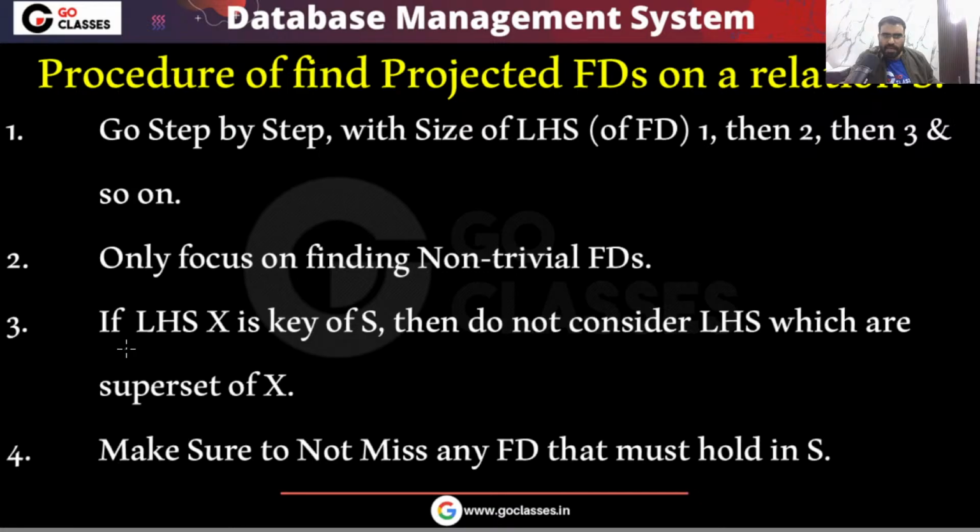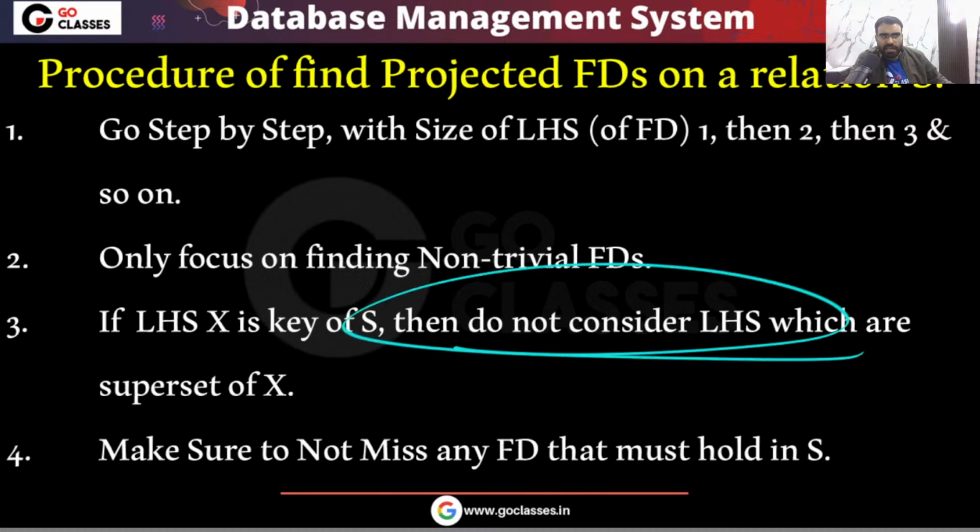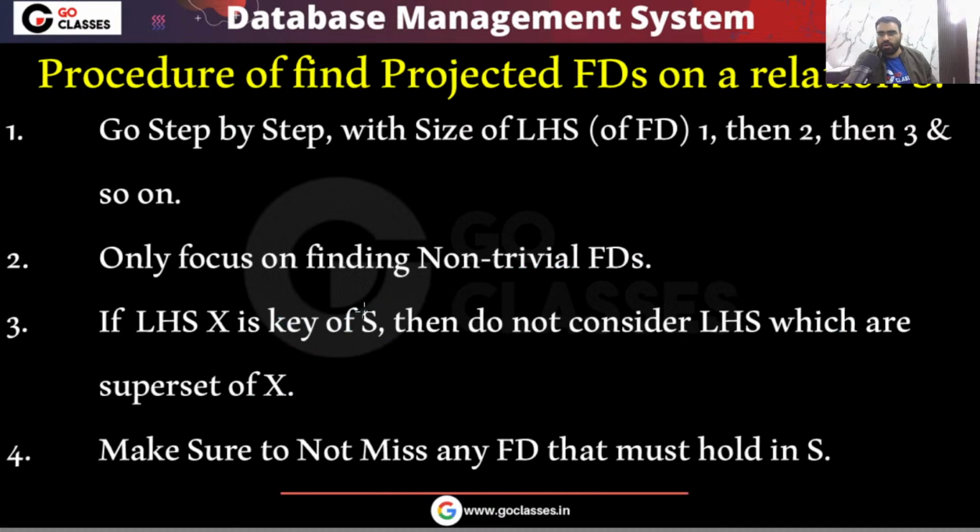And remember one thing: if the LHS X is a key of S, the subrelation S, because we want to find out which functional dependencies hold on the subrelation S, then we don't have to consider LHS which are supersets of X. If something is already a super key, we don't have to consider its supersets, because its supersets will also be super keys.